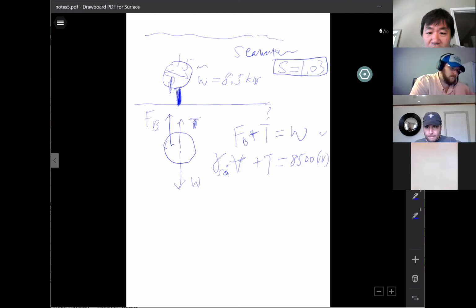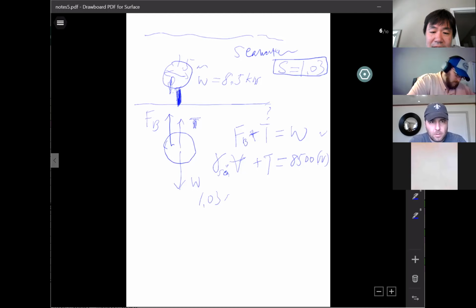Okay, so let's do a calculation here, can we? So gamma of seawater is 1.03, I'm given specific gravity, right, times 9810 Newton per cubic meter. Does everybody understand this? I think we use this many times, right? So volume of sphere.